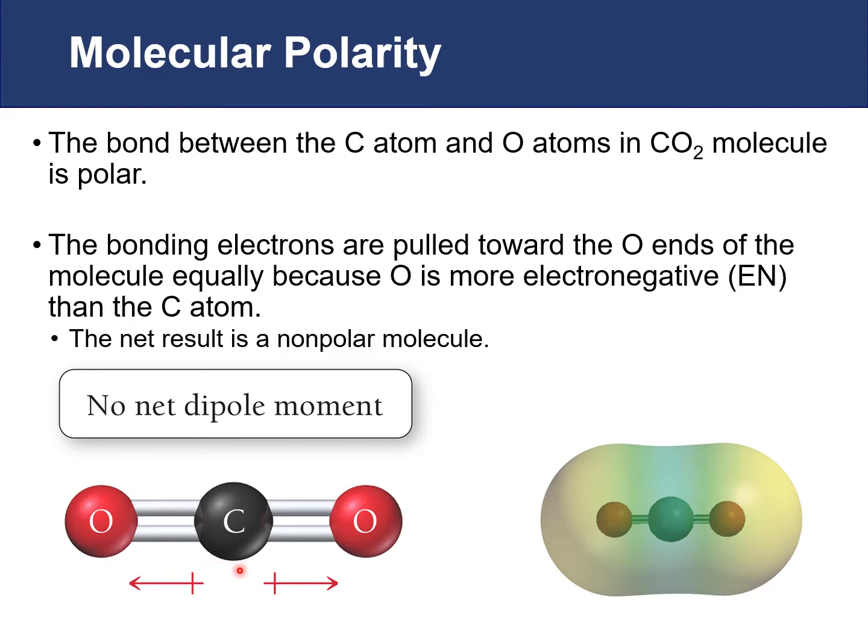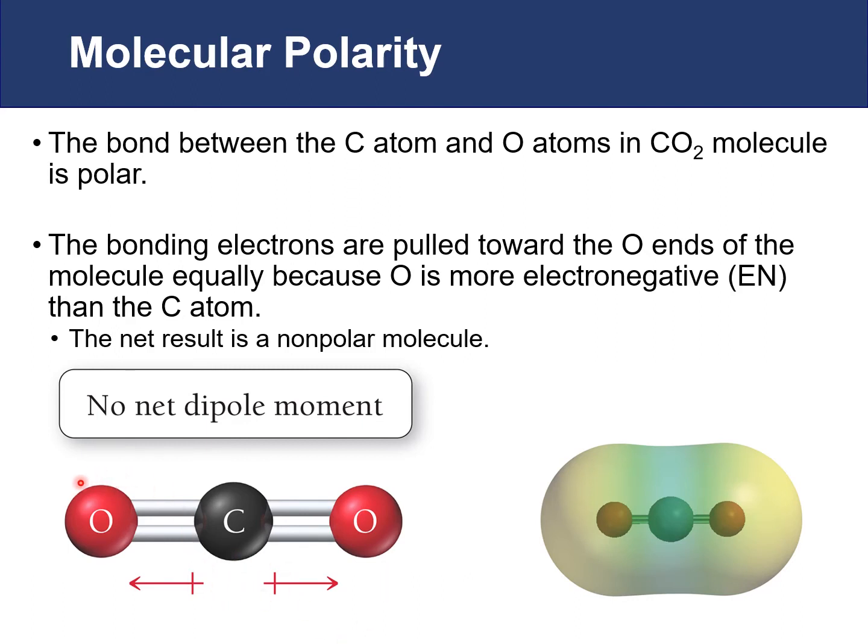Carbon is a lot less electronegative. So in the carbon-oxygen bond, the electrons are pulled towards the oxygens. So in the case of CO2, each one of the oxygens is pulling electron density towards it. So you have two dipoles on the bonds, both pointing towards the oxygen, with the negative end on the oxygen, the positive end on the carbon.